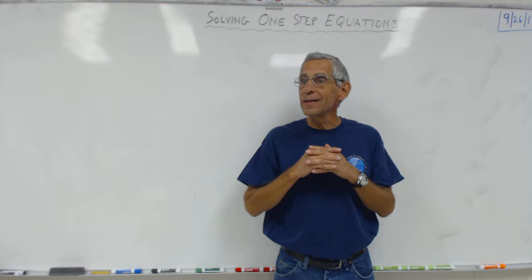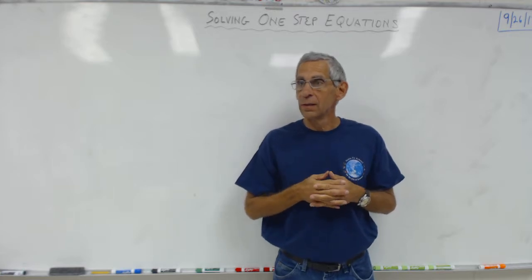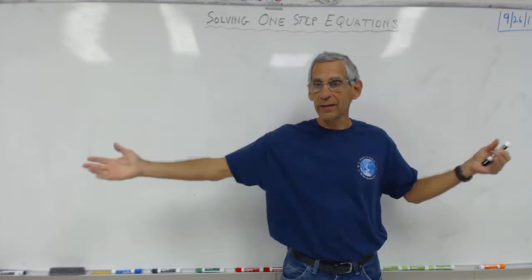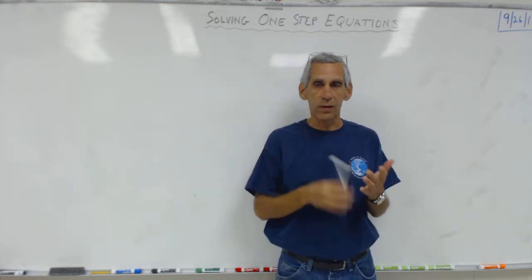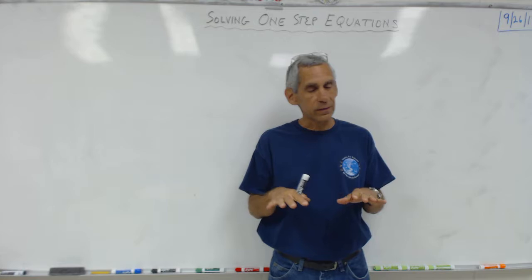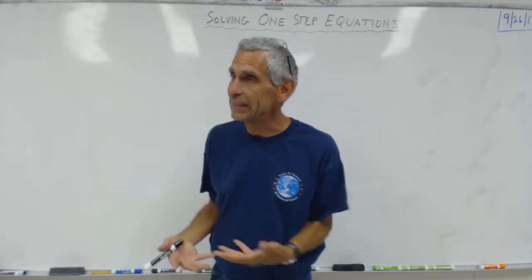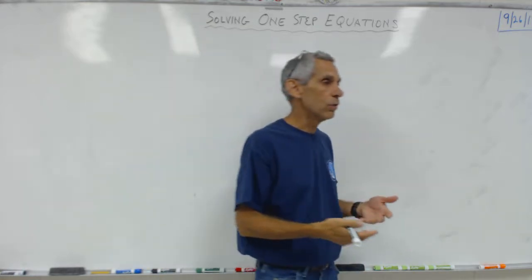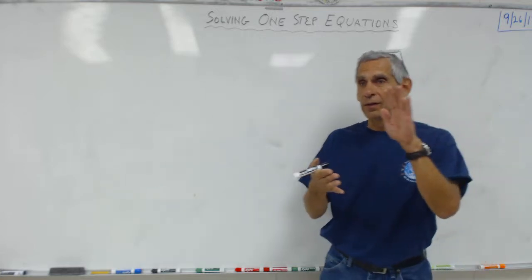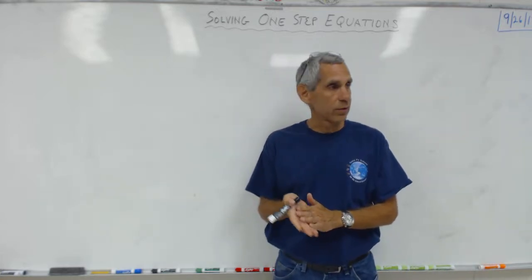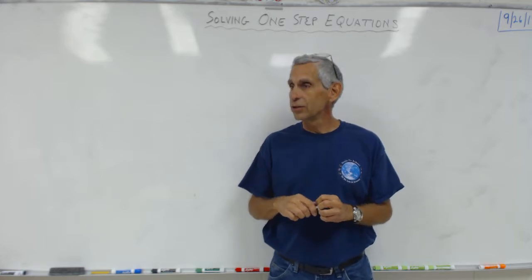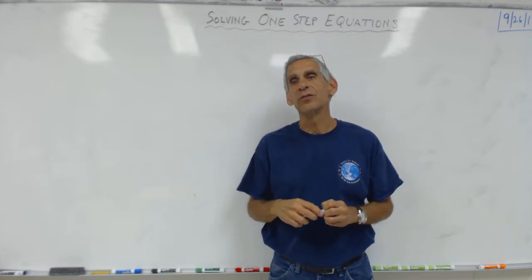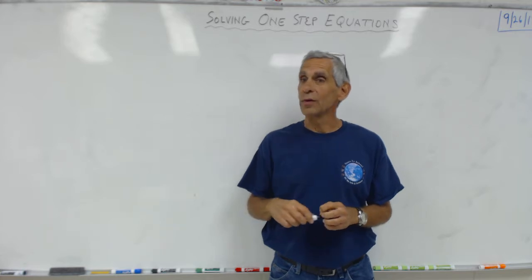Exciting time because we are now moving into the real thing. In the last 2 weeks, I have been focusing on foundations, things that we have to know in order to do this. We talked about the different types of numbers, whether they're natural numbers or counting numbers or whole numbers or integers or rational numbers or irrational numbers or real numbers or imaginary numbers.